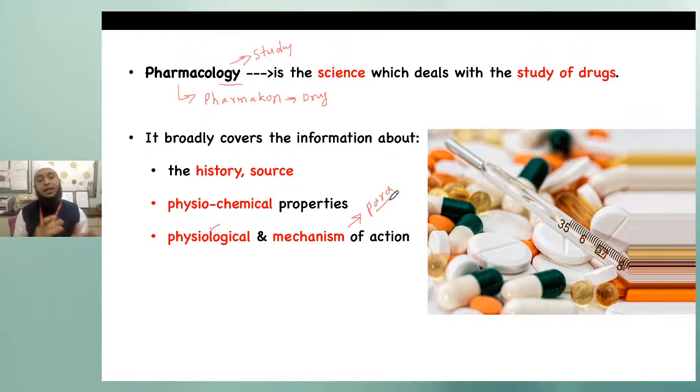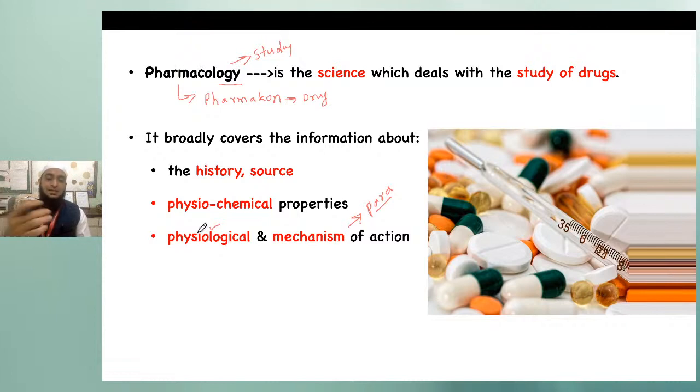So the analgesic, antipyretic and anti-inflammatory action of paracetamol is nothing but its physiological action. But although it produces antipyretic, analgesic and anti-inflammatory action, at the molecular level it is doing something else which is responsible for its pharmacological action. What it does at the molecular level is called the mechanism of action.